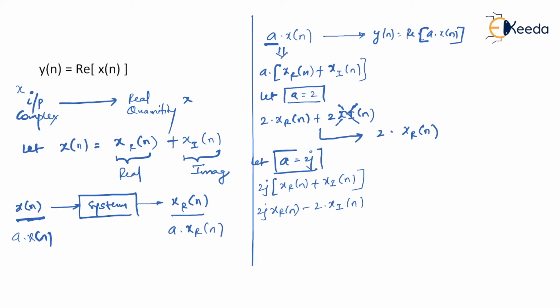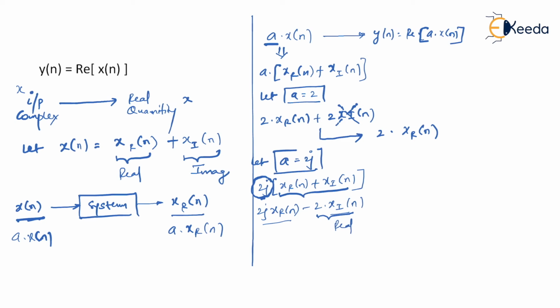Why is it happening so? Because this imaginary part will also have some j term which gets multiplied with j. It becomes j square, and j square is minus 1. Is that right? So if you see now carefully, when you multiply some complex value with an imaginary constant, in effect what happens? The real part becomes imaginary, and the imaginary part becomes real.